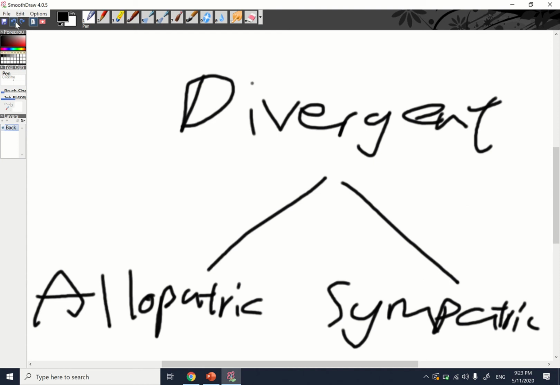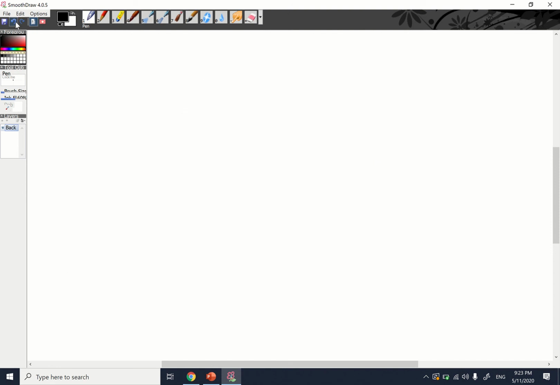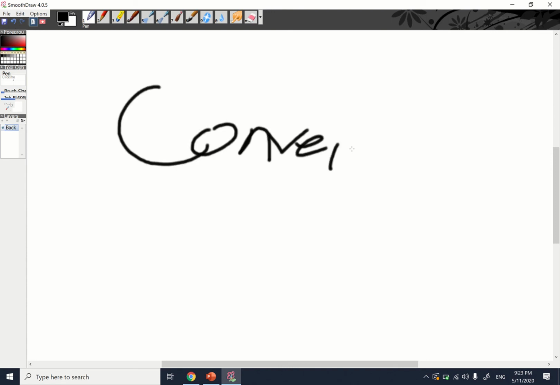So this is divergent evolution, when two or more species evolve from the same common ancestor. But then we also have convergent evolution. This is a very interesting type of evolution. So we know divergence like this, right?